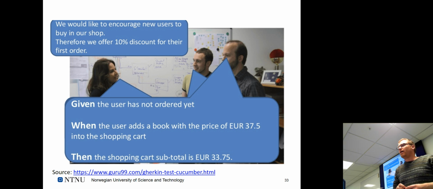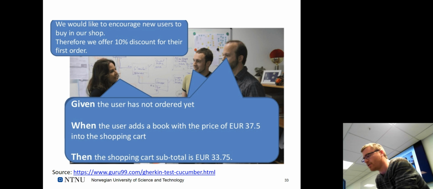So it's a very clear outcome-centric perspective. It implies the 10% discount, and it focuses on the user, the conditions, the expectations, and the outcomes of the actions, so what we expect to come out of it. So fairly similar to the mocking that we just saw before.